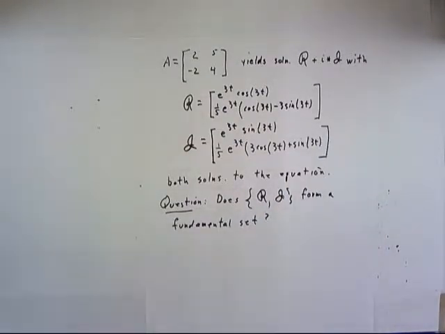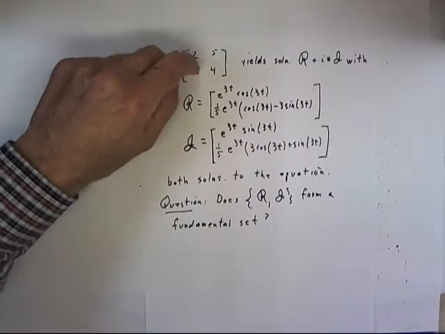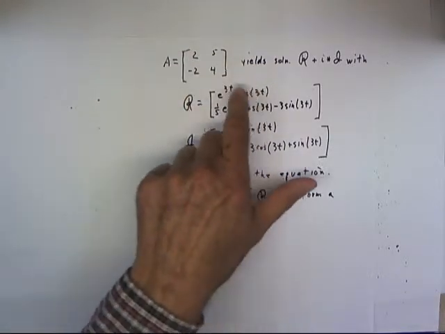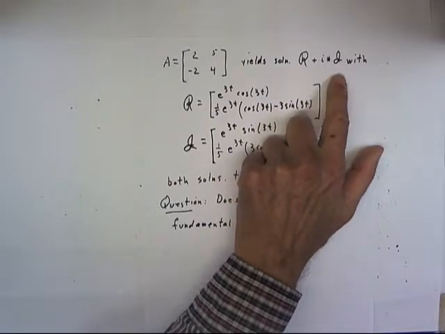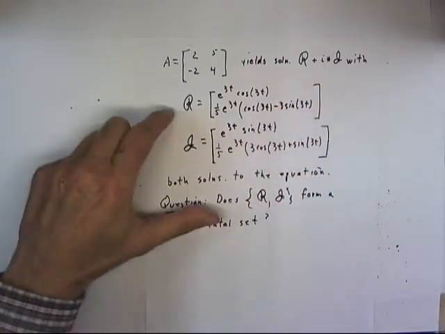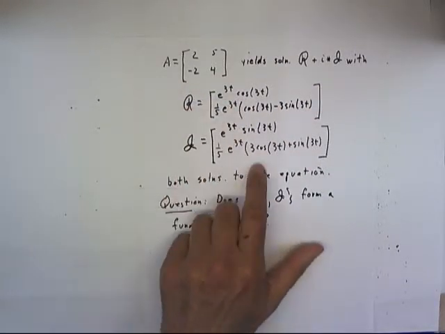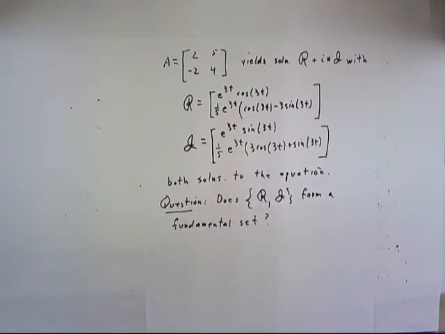So we can say that this matrix with the usual equation yields solution real plus i times imaginary, with the real part equal to this, the imaginary part equal to this.